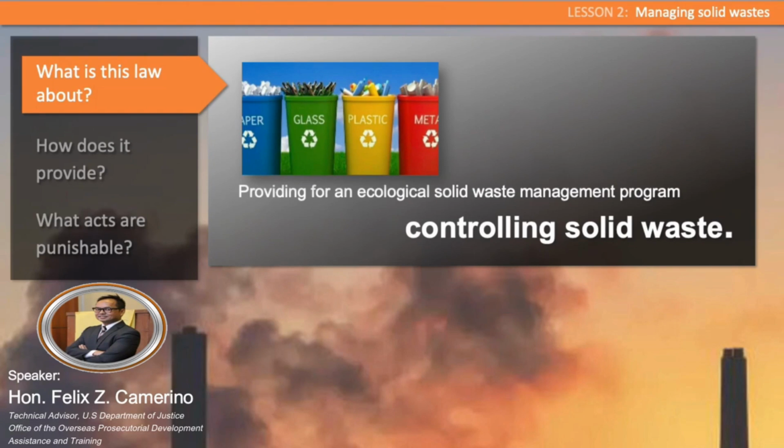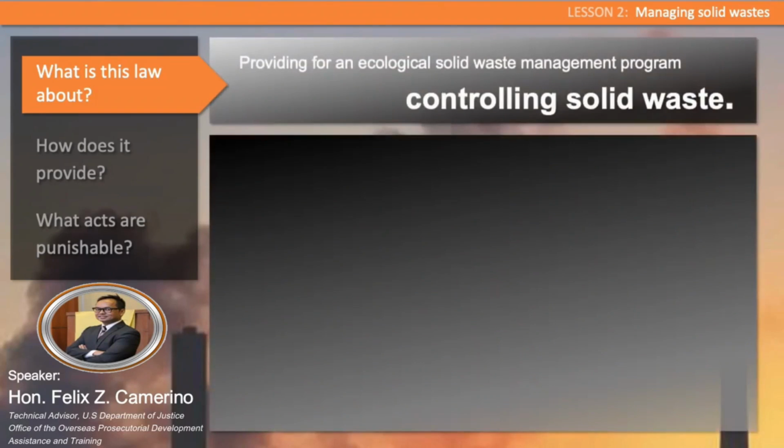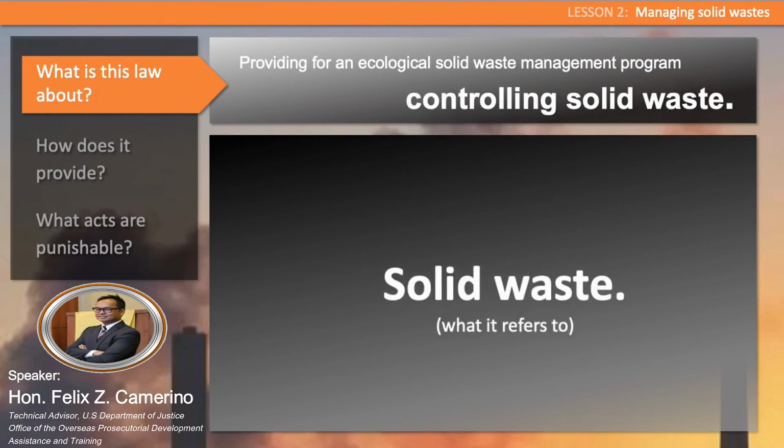Let's start with defining what solid waste is. Okay, solid waste, according to the law, refers to the following. Okay, it refers to actually a number of things.